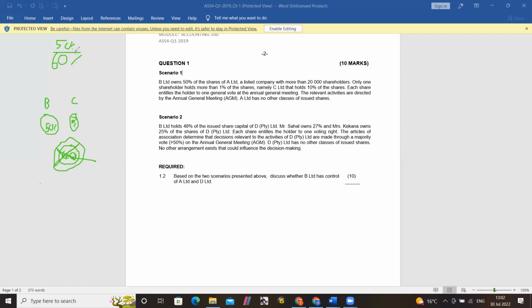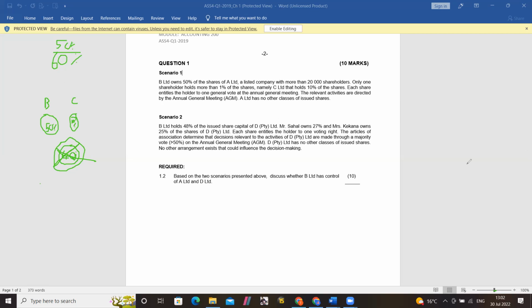So do you see that entity B actually controls entity A, because we know that the rest will not vote. The vote will only be on the 60%, and B owns 50 of the 60%. So it controls the business.